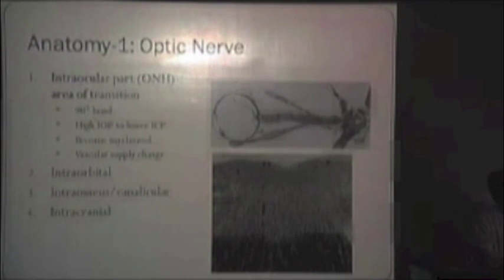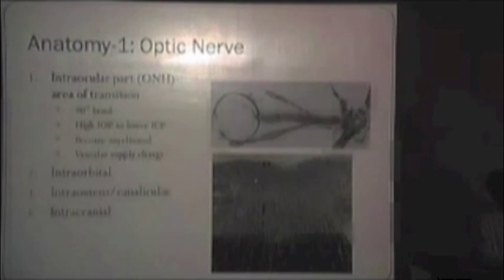Now, what's interesting about the intraocular part is depicted in this picture over here. The axons of the retinal ganglion cells are radially directed on the retina and then make a sharp 90-degree curve as they enter the optic nerve. Now, this lends itself to different disease processes because a lot of energy is needed for an axon which makes that sharper curve.